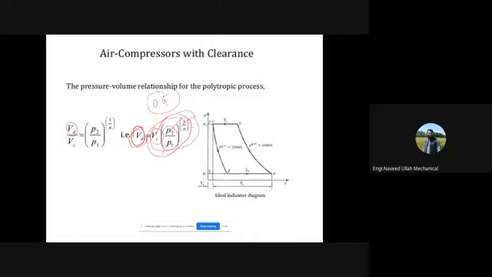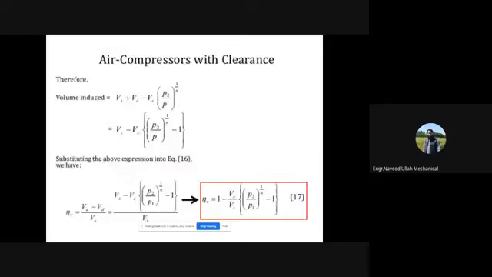Using this relationship. बहरहाल you can find out the value of VD, and then putting it over there, ultimately you will see the volumetric efficiency, another formula, ये 15 भी है और 17 भी है. That is 1 minus VC by VS times the bracket. Both are either measurable or calculated easily, and this is the pressure ratio and this is n. So you can find out the value of volumetric efficiency.